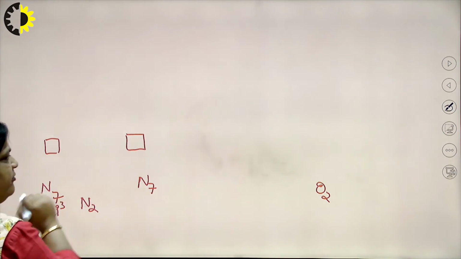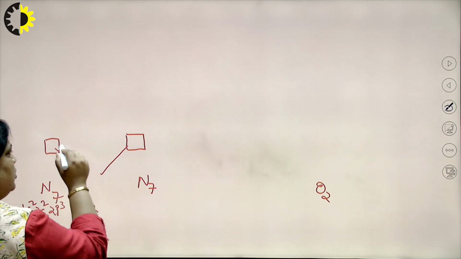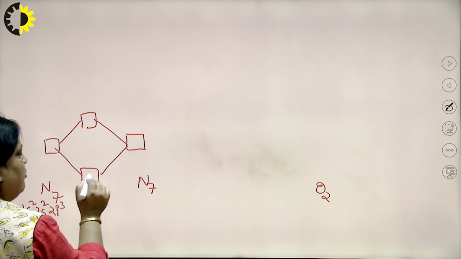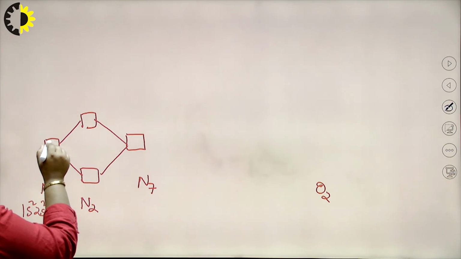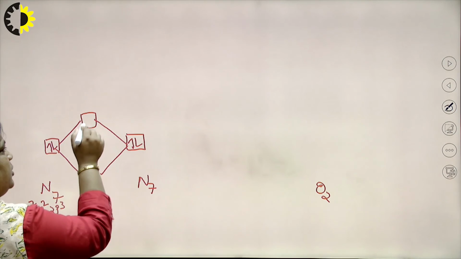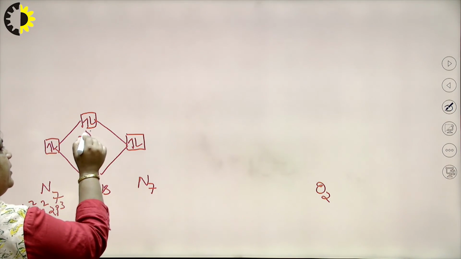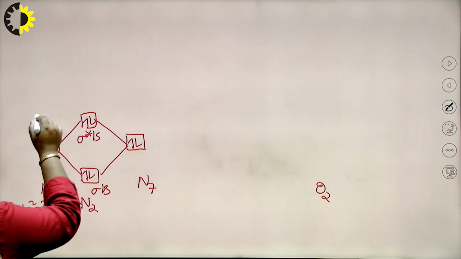So, the energy level will be the same, and both will combine and form molecular orbitals of different energies, low and high. This nitrogen has 2 electrons in 1s. So, there is no problem, the 2 electrons will enter sigma 1s and the remaining 2 will enter sigma star 1s. Same for 2s.